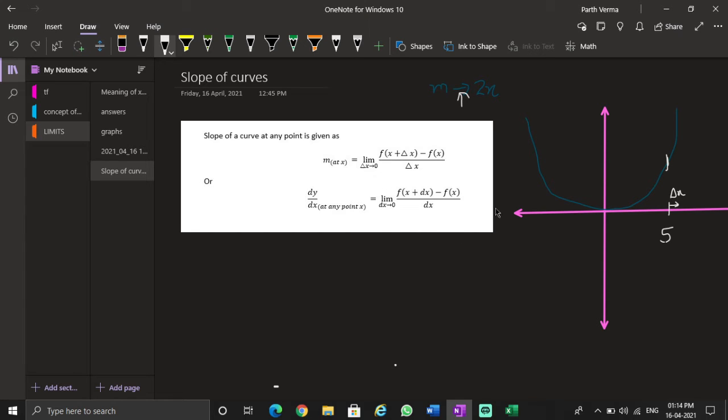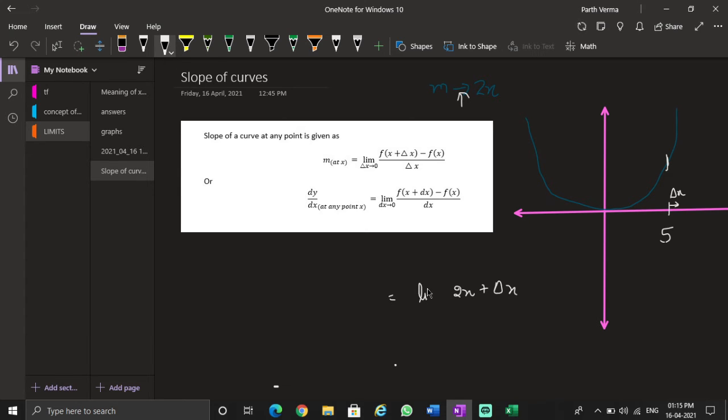So if we sort it out by using this, you'll get your answer. See, in general, when we solved it, what did we do? We started with this, and in the end you got somewhat like this: 2x plus delta x.